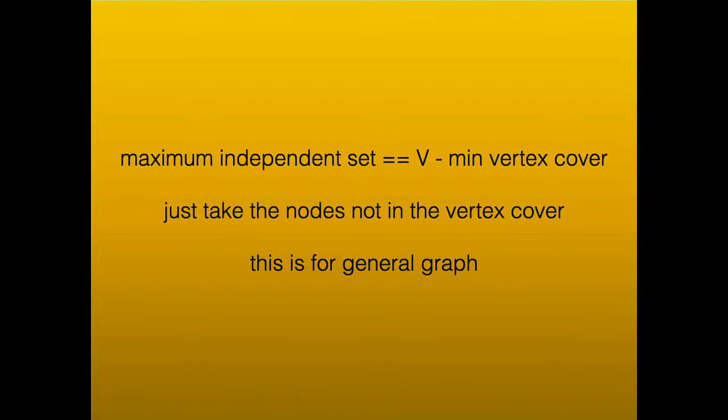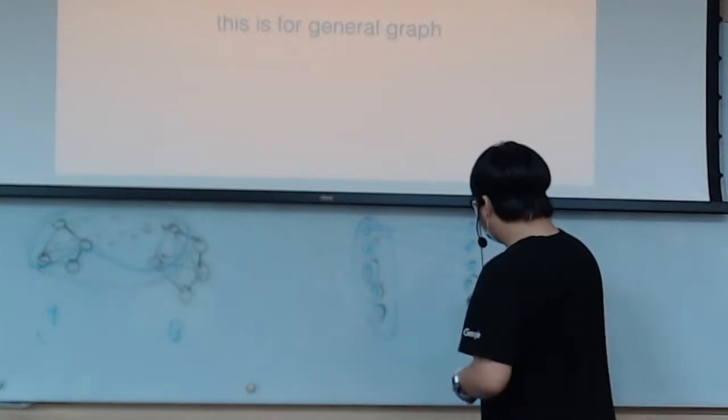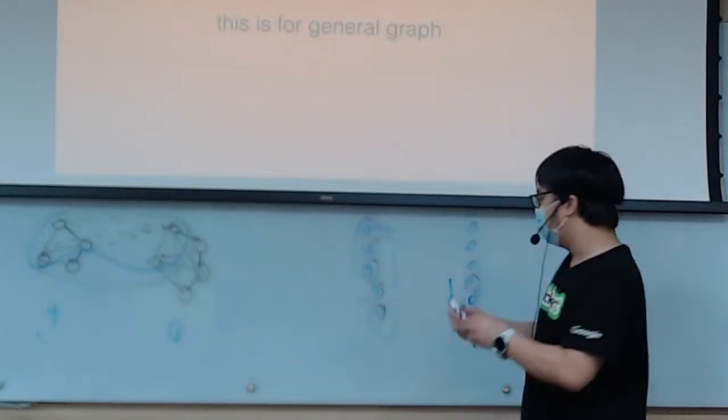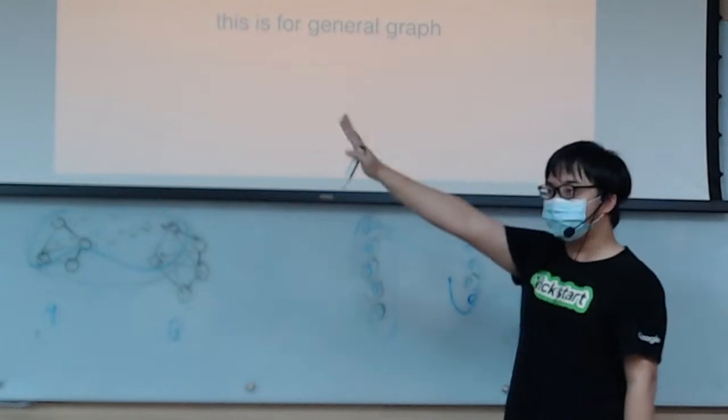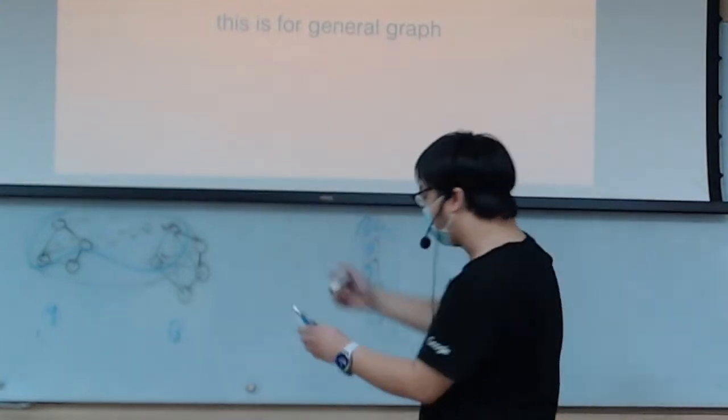So basically, maximum independent set is another problem where you have to choose as many nodes as possible, but for each edge, at most one of its endpoints is chosen, right? And this problem is actually again equivalent in the sense that if you have several nodes, and let's say this node set is the vertex cover, then the rest of the nodes, this is true not only for bipartite graphs or planar graphs, this is for any graph, right?